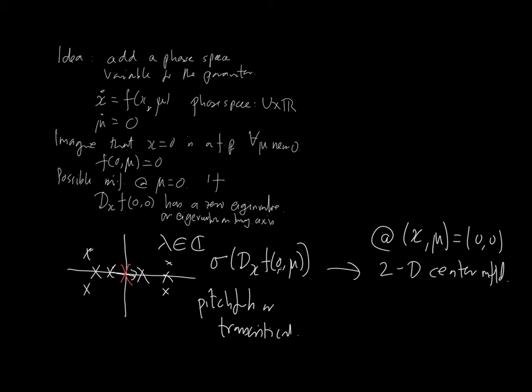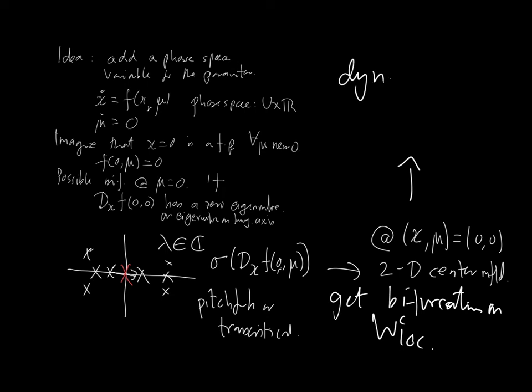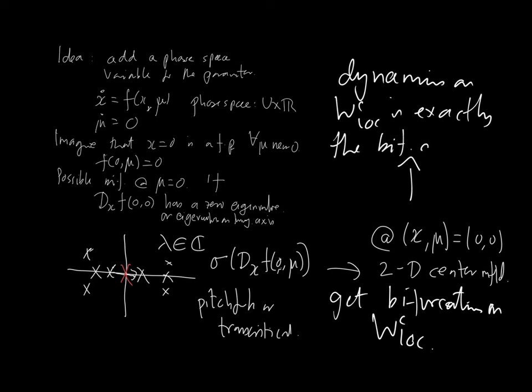And what you would see is you get a pitchfork, one of these bifurcations, on the center manifold W^c_loc, which is now 2D, and in fact the dynamics on that is exactly the bifurcation diagram.